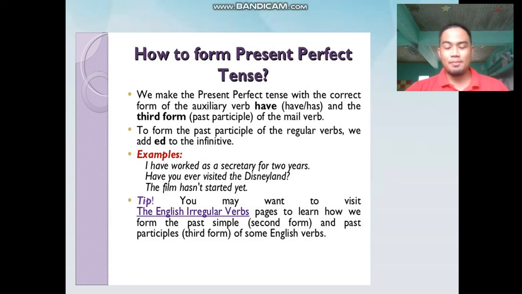Okay, so we simply add ed sa regular verb niya ina to make it a past participle. And we have used the auxiliary verb which is the have. And we add it to the main verb kung na-change na nga regular verb nga na-adan ta ed sa sentence.